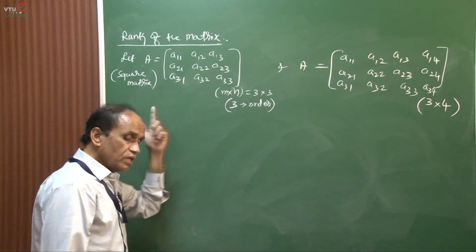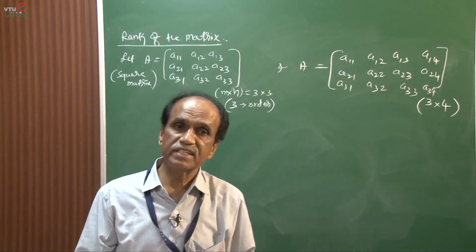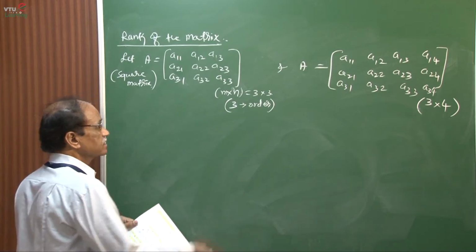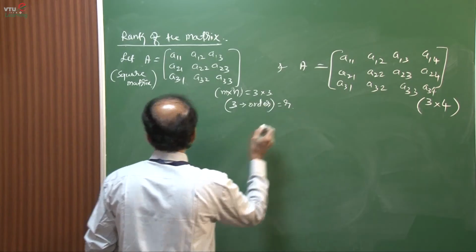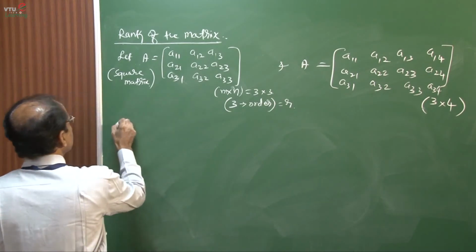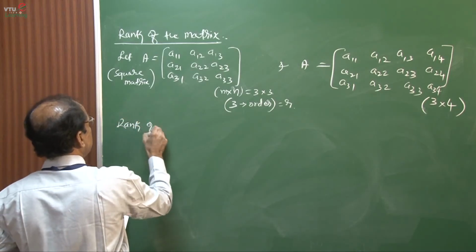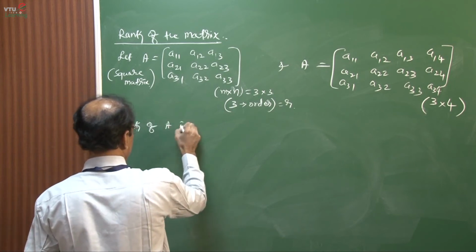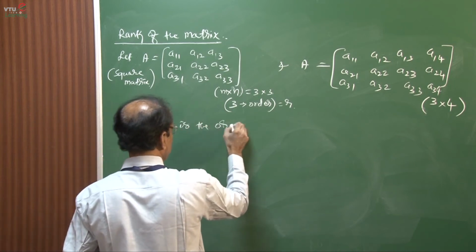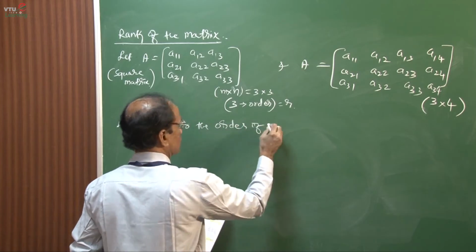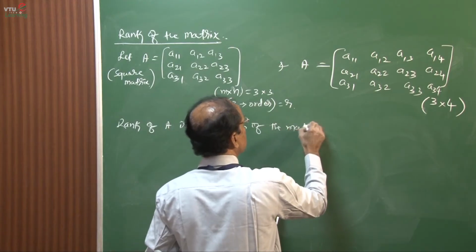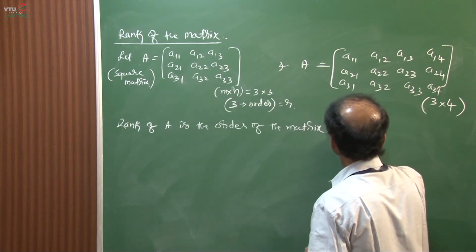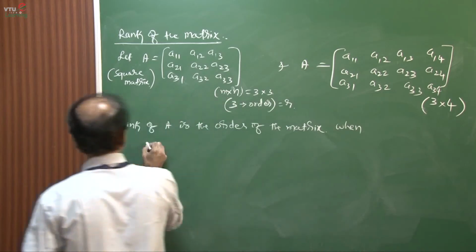Okay, so how are you going to put it in the form of a mathematical sentence? Rank is nothing but the order. If I take this 3 as R, then I will put it in the form of a definition. Rank of A is the order of the matrix when there are two conditions I am going to impose.